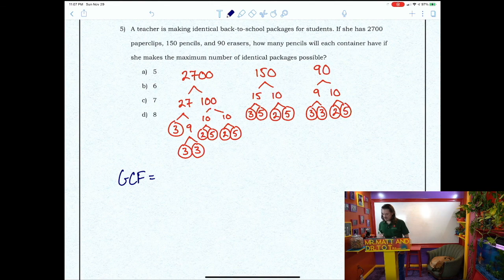Looking at 5: 5 occurs twice in 2,700, twice in 150, and 1 time in 90, so we're going to take 1 5. 2 times 3 times 5 is 6 times 5, which is 30.